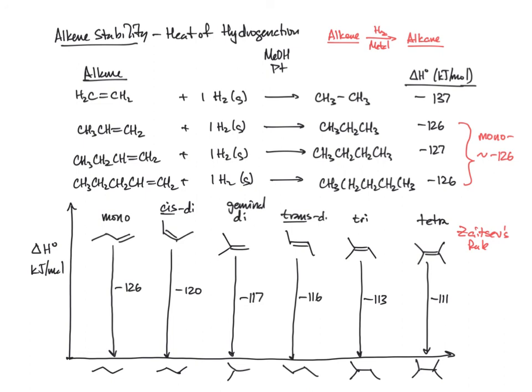So generally, the more substituted alkene is formed in an elimination reaction because it is more stable. And that helps guide us to determining what is the major and minor product in an elimination.